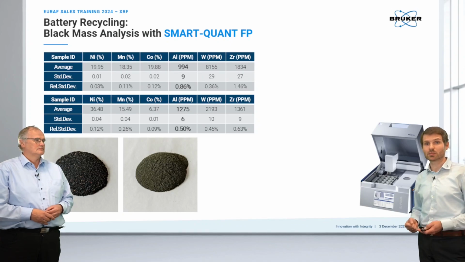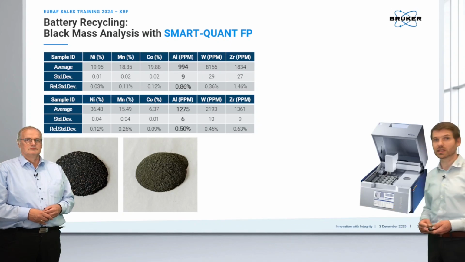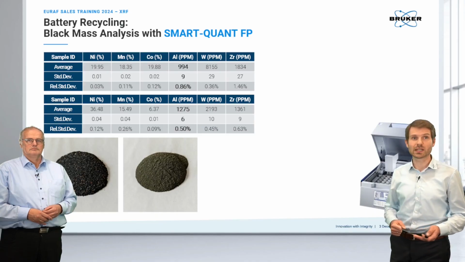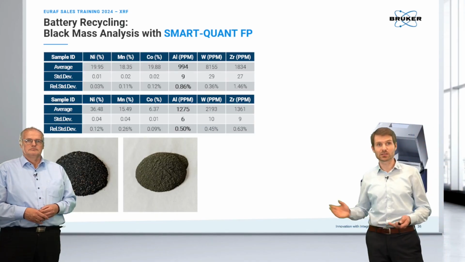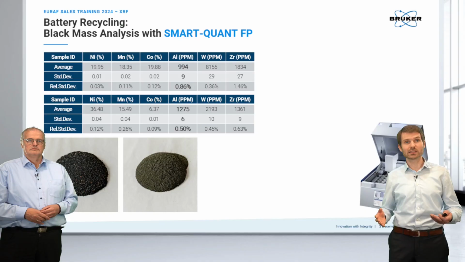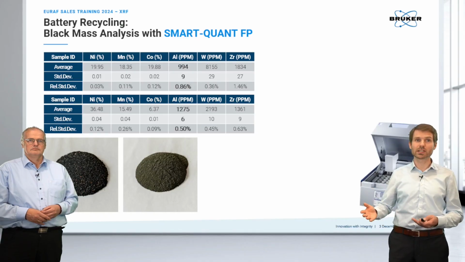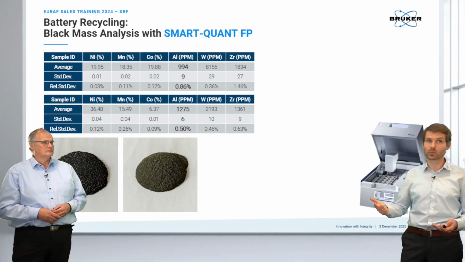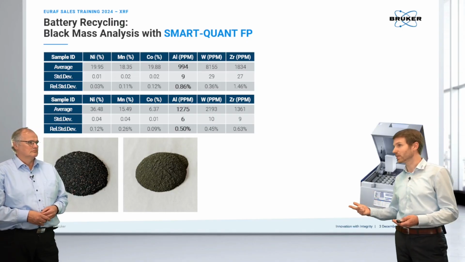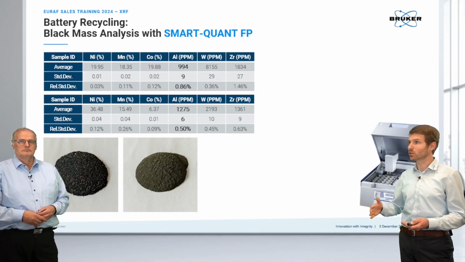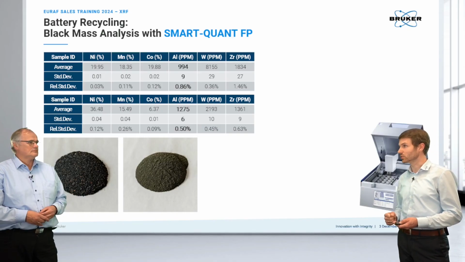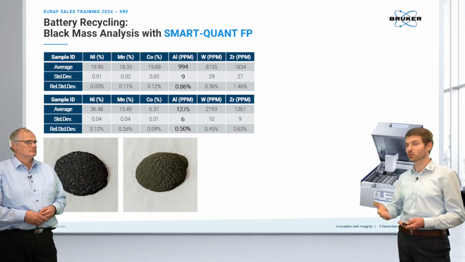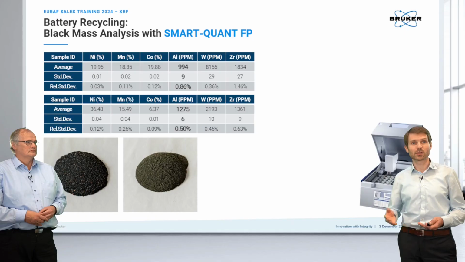So here is an example from our energy dispersive system, the S2 Puma, where we've analyzed different black masses. You can see some pictures there on Kai's side. And most people are interested, of course, if it's an NMC kind of battery in nickel, cobalt, which is kind of the value determining factor, but then also into trace element contaminants, like how much copper is there left, or in this particular example, we were looking for aluminum, even at the trace element level.